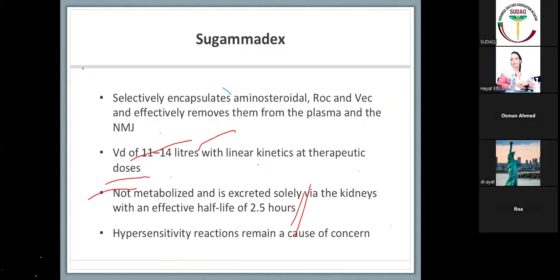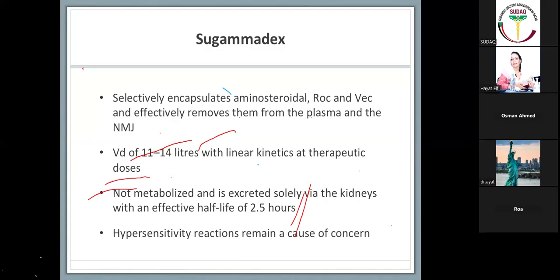The volume of distribution is around 11 to 14 liters. It has linear kinetics at therapeutic doses. It's not metabolized, so the complex between Sugammadex and rocuronium or vecuronium is excreted solely via the kidney with an effective half-life of 2.5 hours.